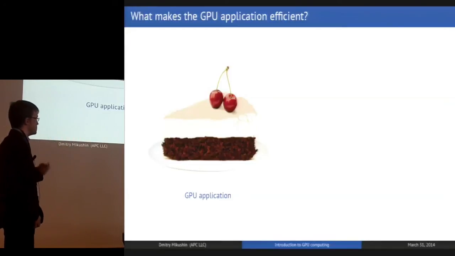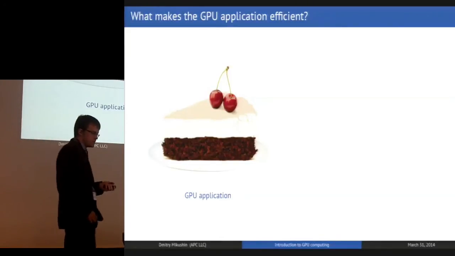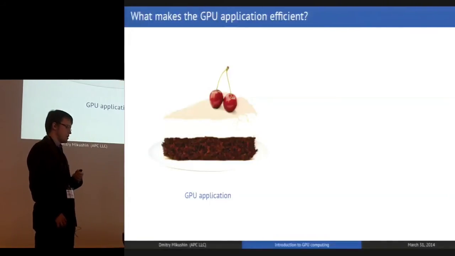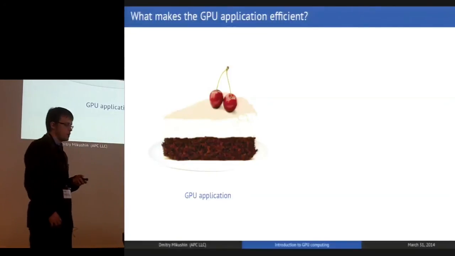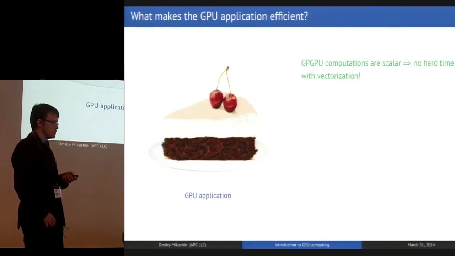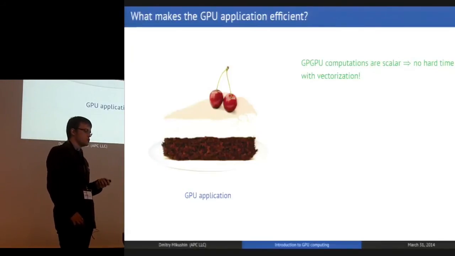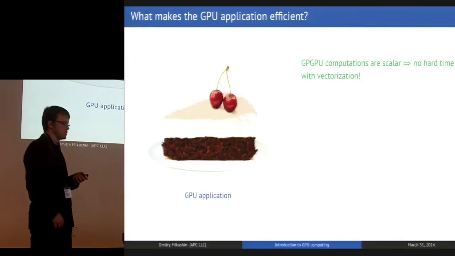Okay, so these cases showed us, I hope, impressive efficiency. So what makes a GPU application so efficient? First of all, GPUs are scalar. There is no need to provide vectorization, and no need to provide any kind of hints, which make for a really hard time.